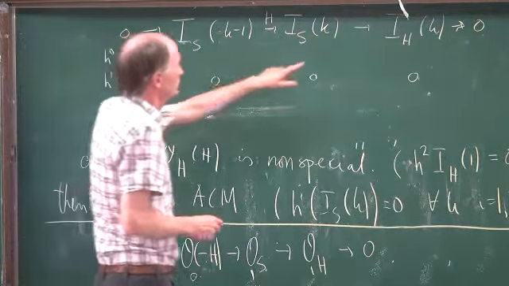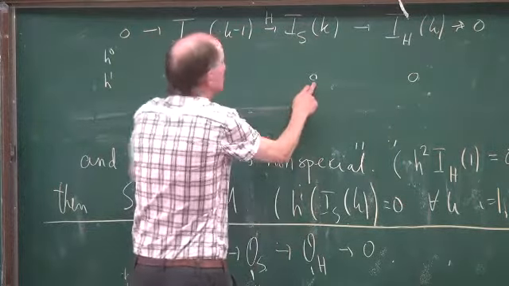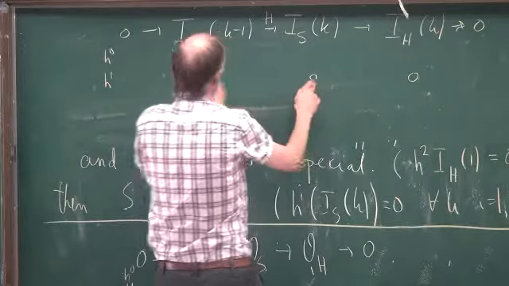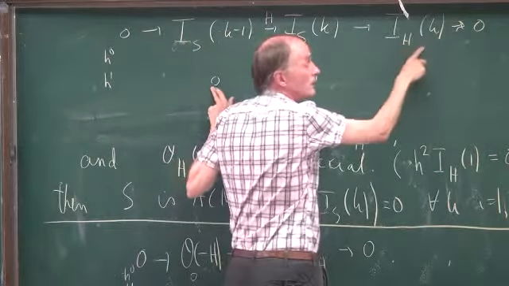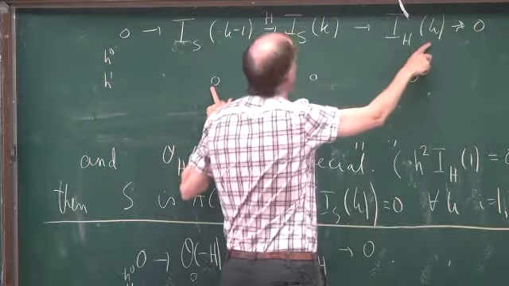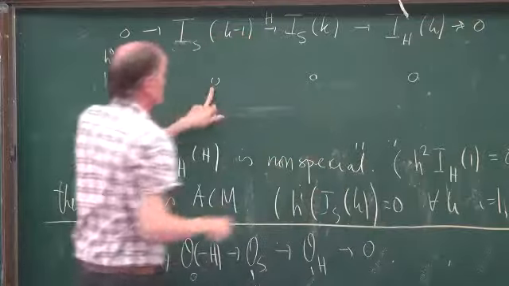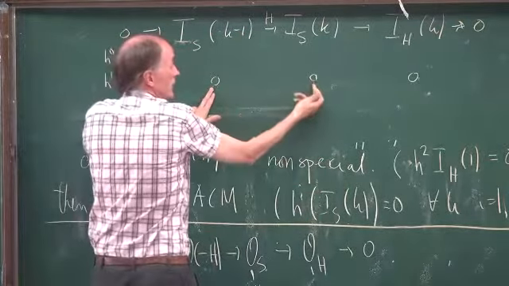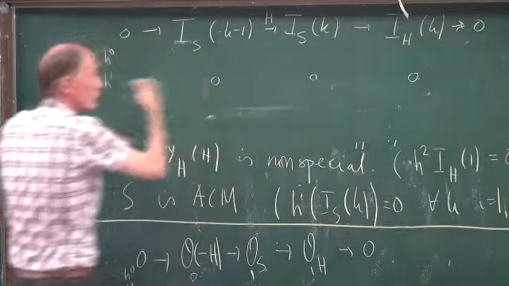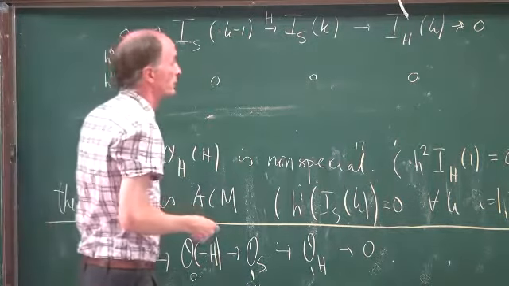So for k equal to 1 here, I get a 0, and then I get a 0 there, and then a 0 there. I have no linear forms in the ideal of H. So therefore, I get 0 there again, and then I can move backwards. So that takes care of H1.